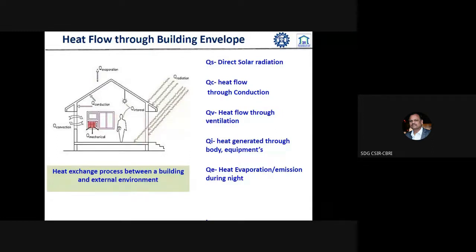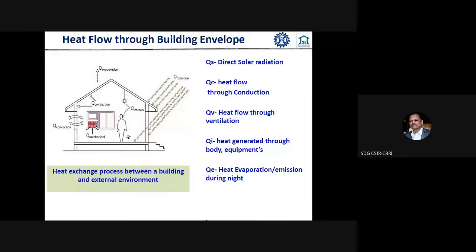Then through radiation, if any equipment or heater is there, or solar radiation falls on transparent or metal bodies, we can feel some heat coming through radiation.